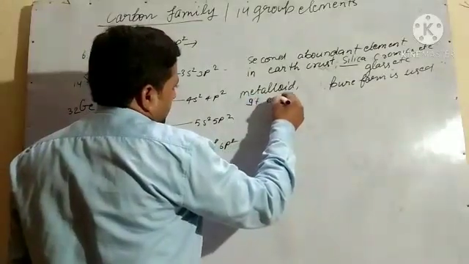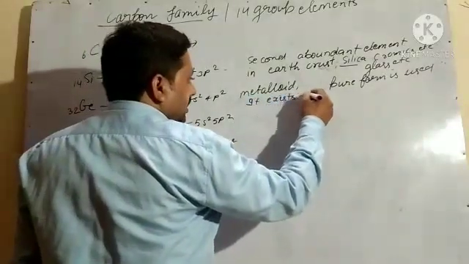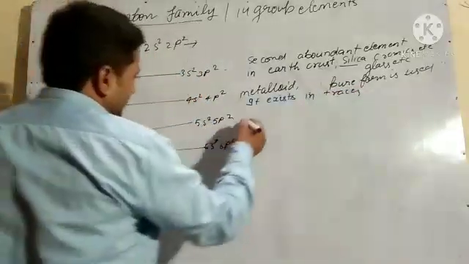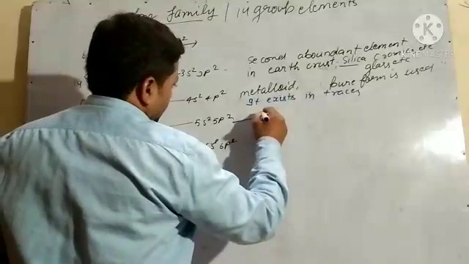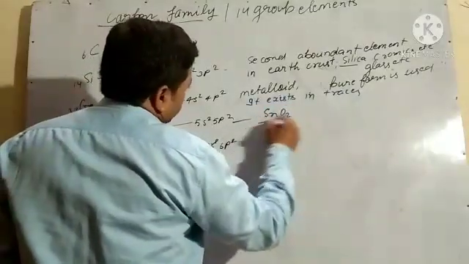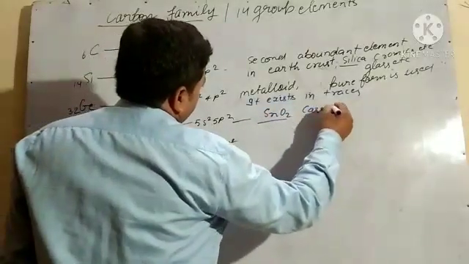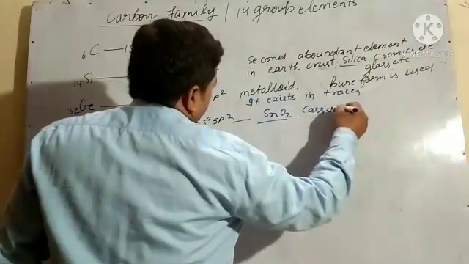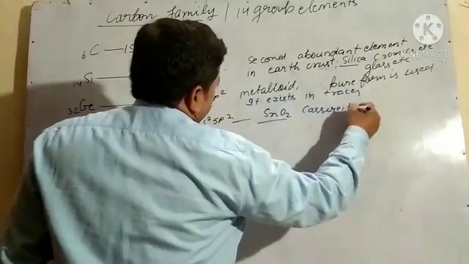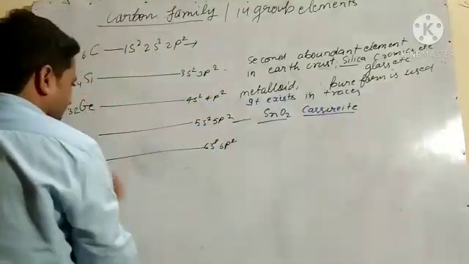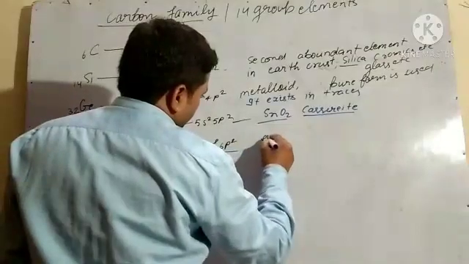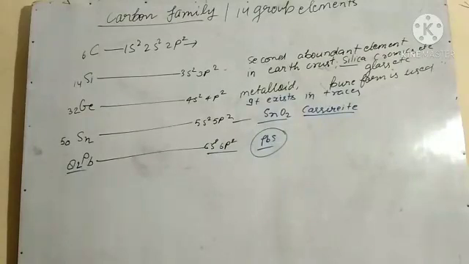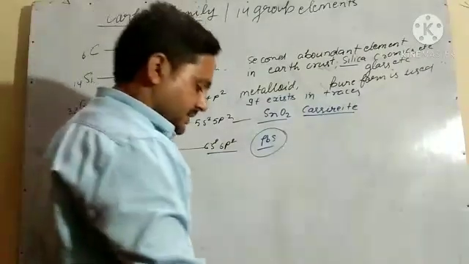And tin exists as SnO2, cassiterite. And lead exists as galena, PbS. So these are the sources in which they exist.